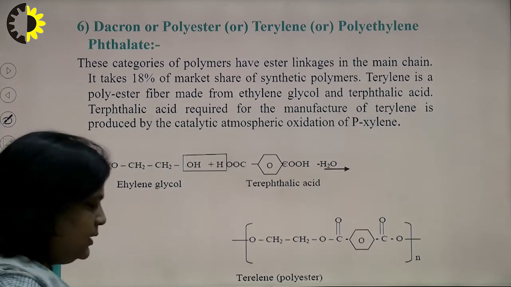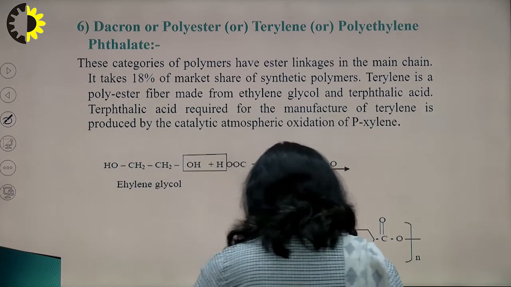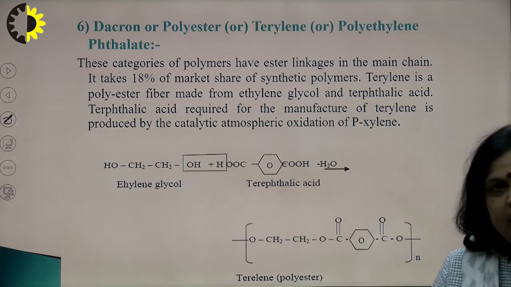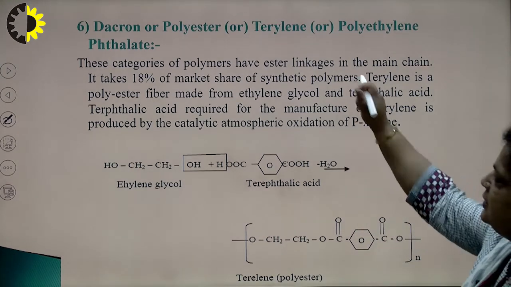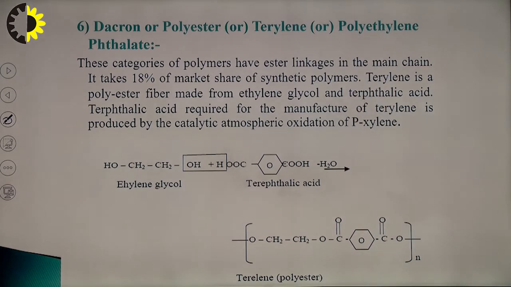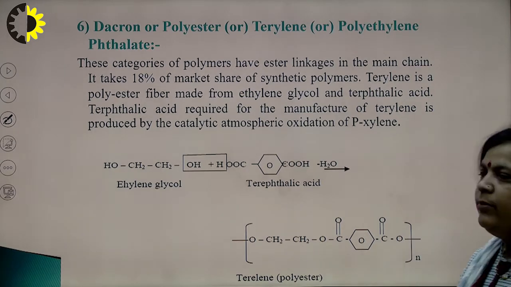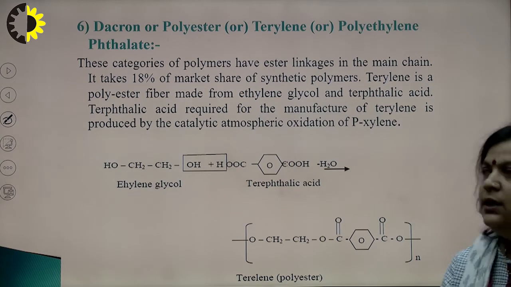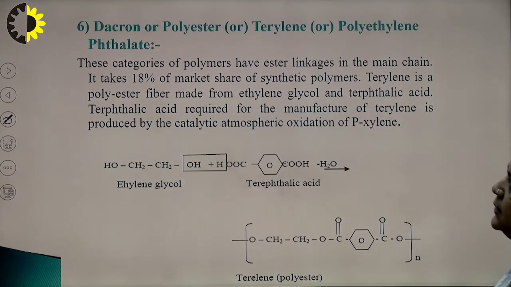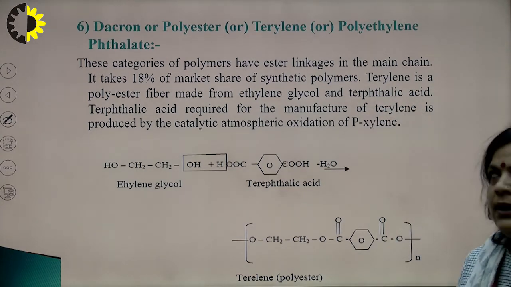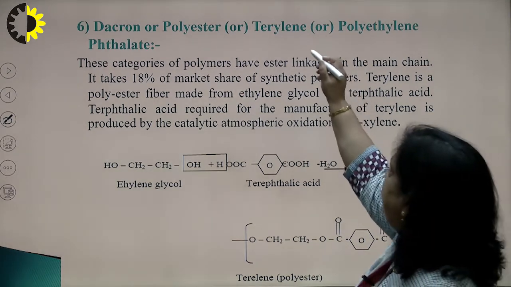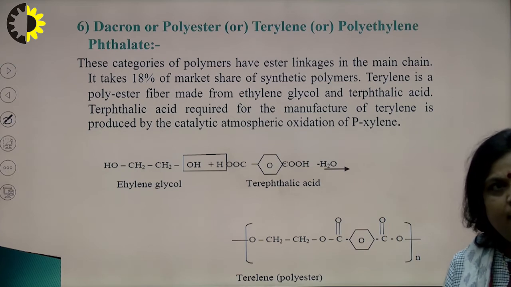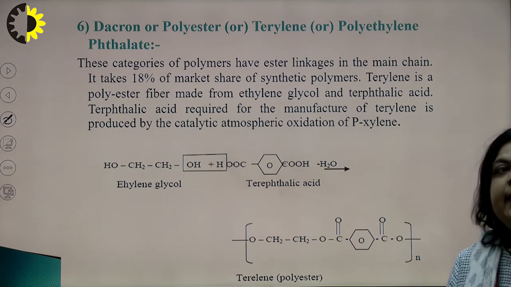So, this is the sixth polymer in the series of 6 polymers mentioned in the syllabus. It is basically a fiber, and 2 fibers we have already discussed, nylon 6 and nylon 6,6. So, this is the third, a polyester, which is also known as terylene or polyethylene terephthalate, which is PET.